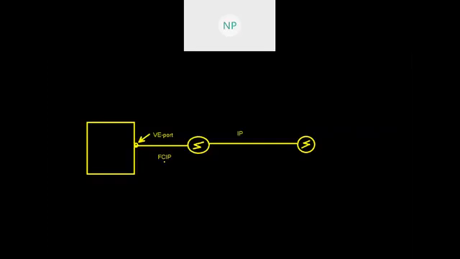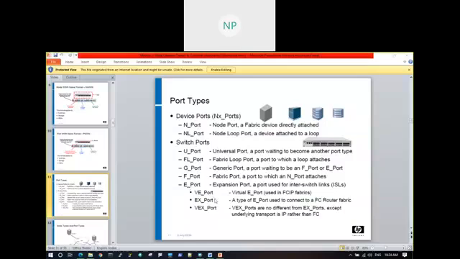The same way, EX port is nothing but a type of E-port used to connect to an FC router fabric. VEX port is no different than EX port, except the underlying transport is IP rather than FC. I mean the physical protocol will change.